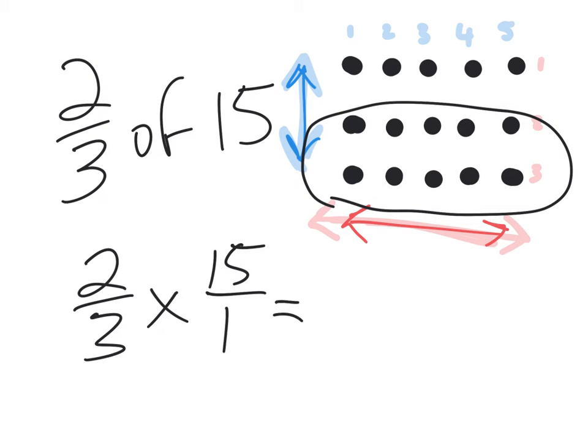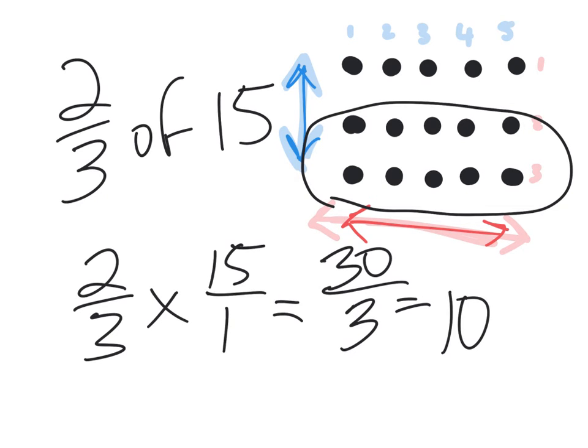And we're just going to multiply. 15 times 2, or 15 doubled in this case, would be 30. 1 times 3 is easy. That's just going to be 3. And so now we have the improper fraction or division problem, 30 divided by 3, which then gives me 10. All right, so there's two ways there that you could find the answer, and both find 10.